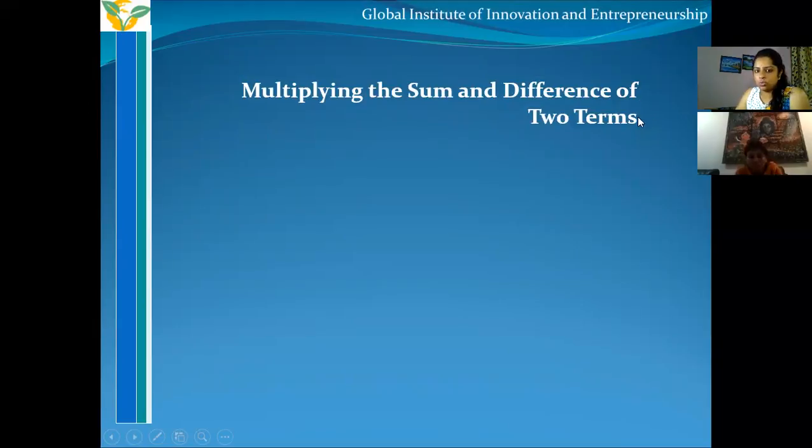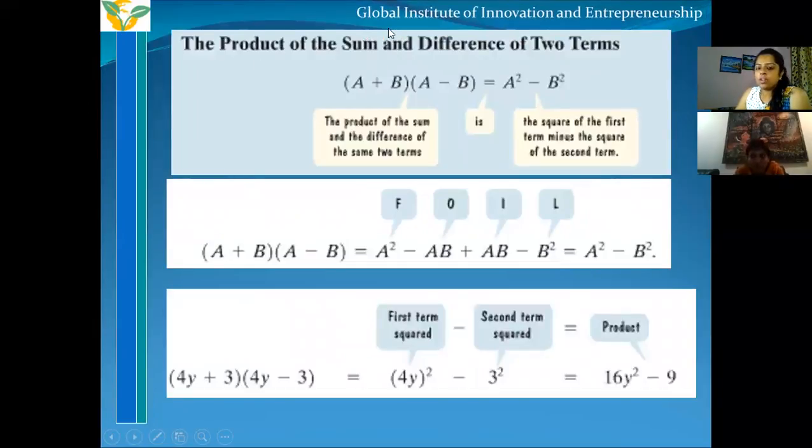Next, coming to multiplying the sum and difference of two terms. So I've talked to you about the multiplication of binomials. There are certain formulas, certain identities in algebra, where the binomials in both brackets are the same irrespective of the signs.